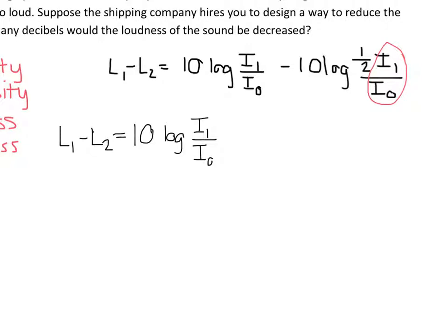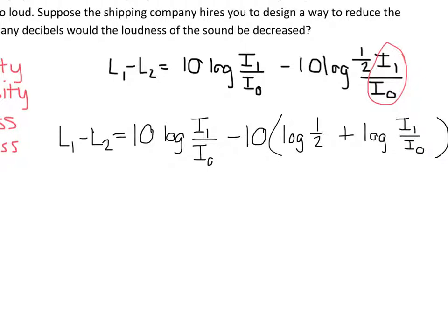And then we have a minus, and we're going to leave a bunch of stuff in parentheses here. Hold on. Before your parentheses, the 10 needs to be up there too. We haven't dealt with the 10 yet. Okay, so we're just dealing with the log part. We'll have log of 1/2 plus log of intensity 1 over intensity naught.